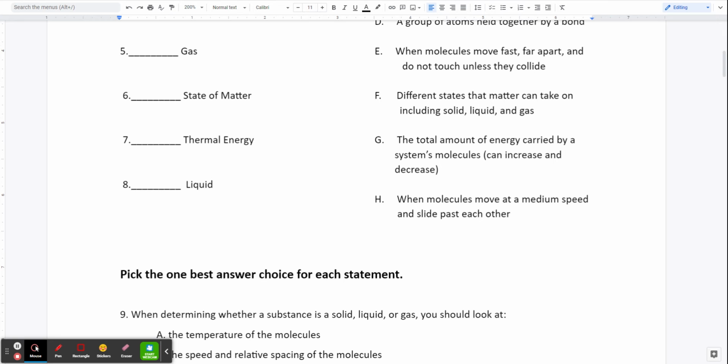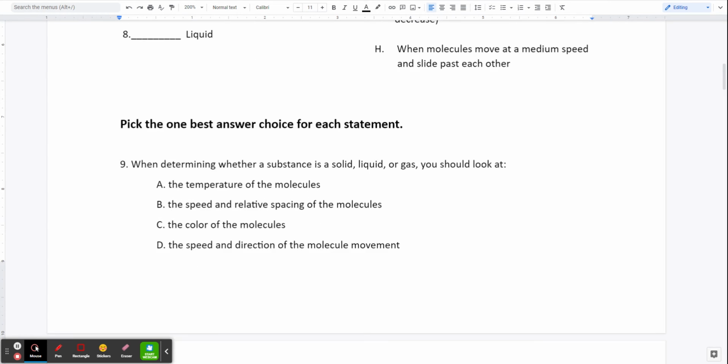H, when molecules move at a medium speed and slide past each other. All right, I'm going to move on to the multiple choice. If you are still working on the matching, feel free to pause or drag the video back so you can re-listen to everything. But I am going to move on to the multiple choice.